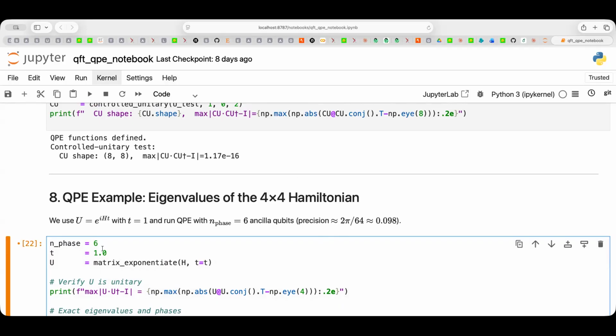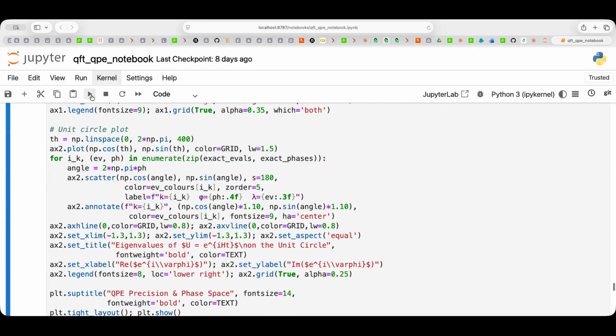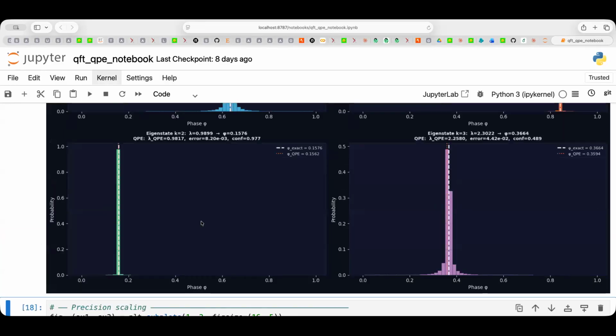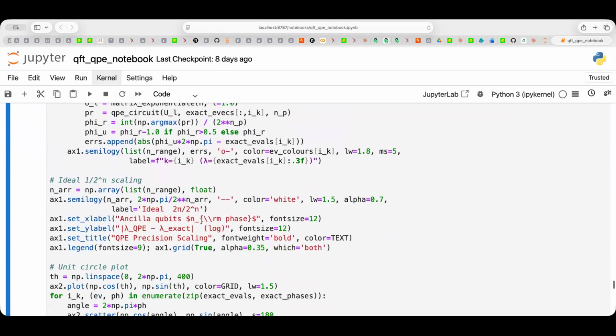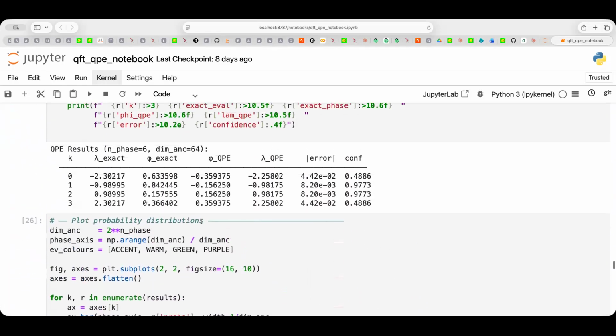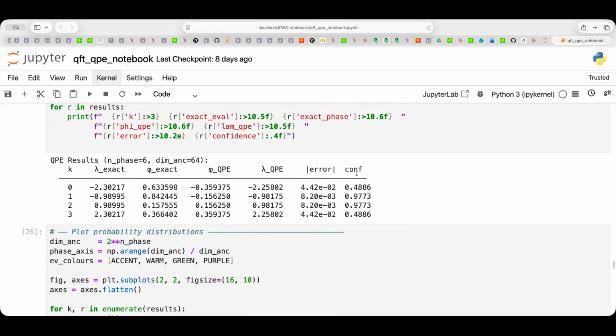So if I bring it back to 6 here, it's still going to take some time, and you see now it's going to run a little bit longer. Let's see where the eigenvalues are. Now we are down to 10 to the minus 2 roughly. So with 10, which takes a little bit more time, you're down to 10 to the minus 3.